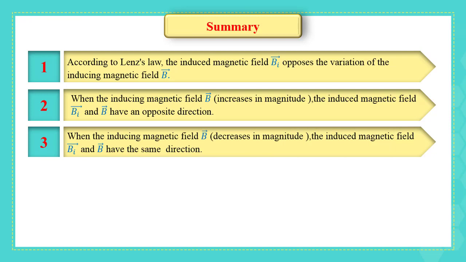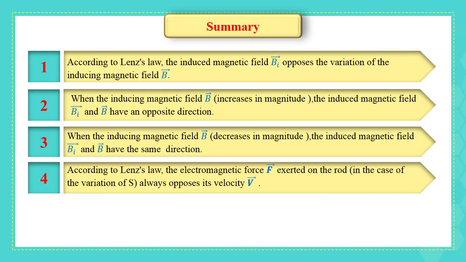When the inducing magnetic field B decreases in magnitude, the induced magnetic field BI and B have the same direction. 4. According to Lenz's law, the electromagnetic force F exerted on the rod in the case of the variation of S always opposes its velocity v.